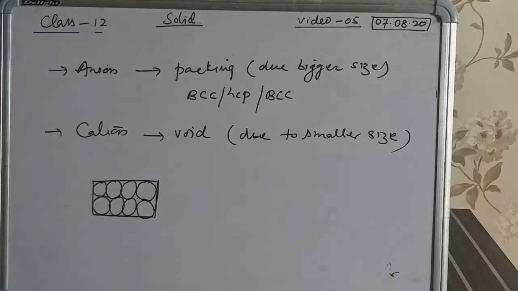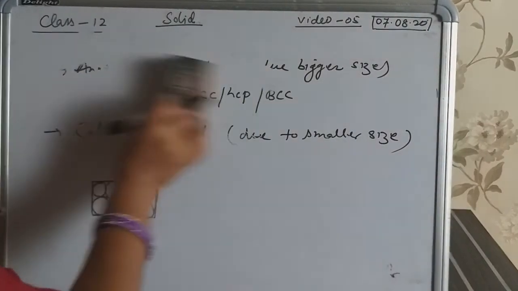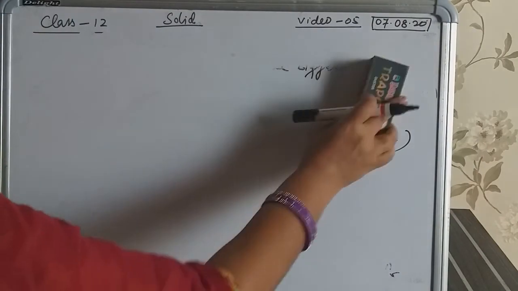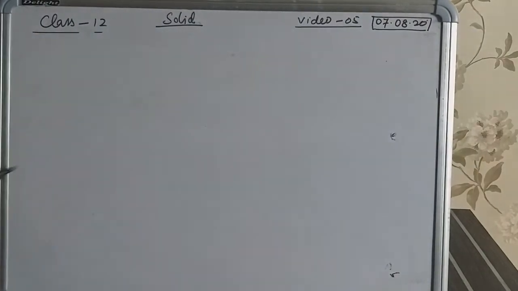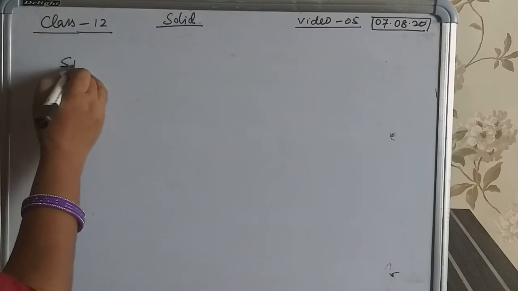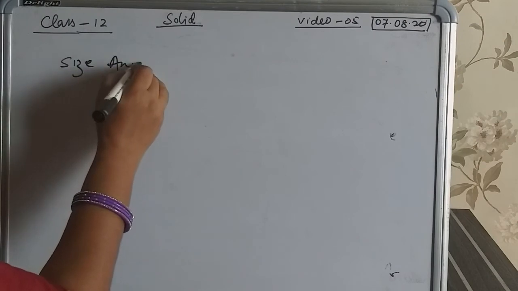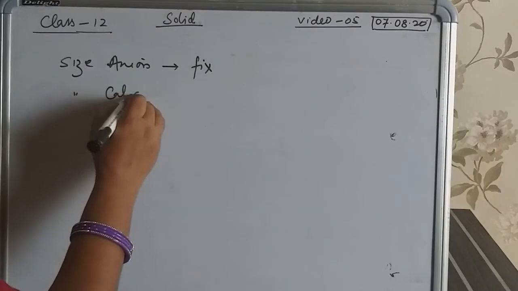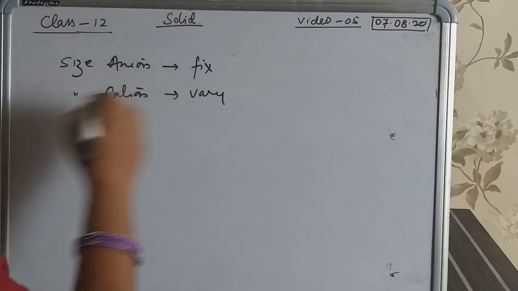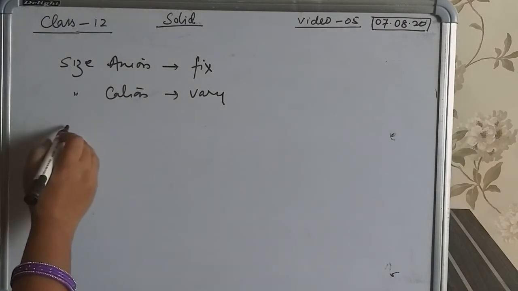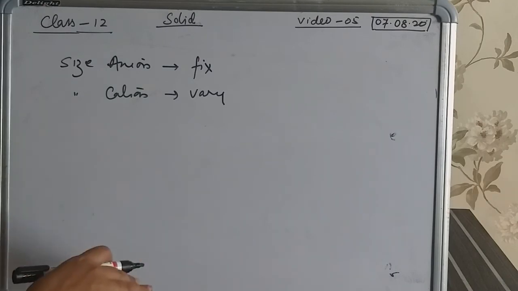Next we discuss, so student, we always fix the size of anion and only the size of cation varies. So the size of anion is always kept fixed and the size of cation varies. If the size of cation is too small, then radius ratio decreases, stability decreases, coordination number decreases.